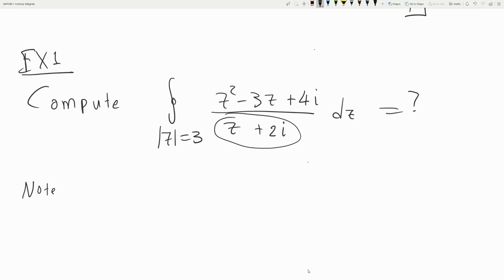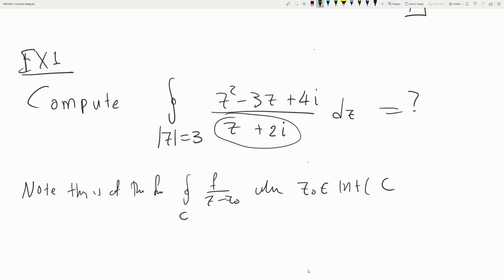So note this is of the form f of z over z minus z naught, where z naught is inside the contour.